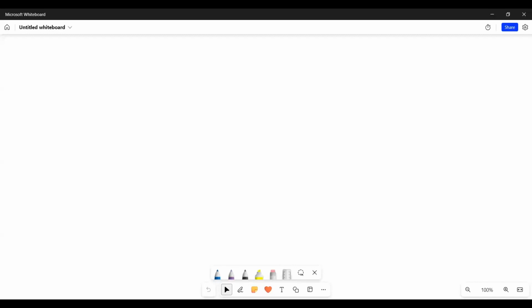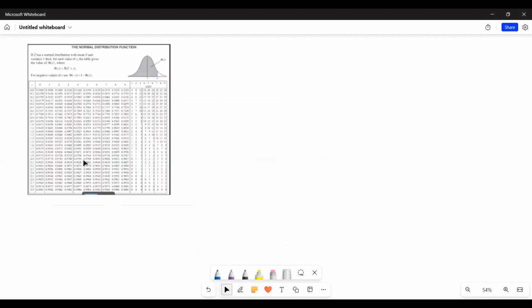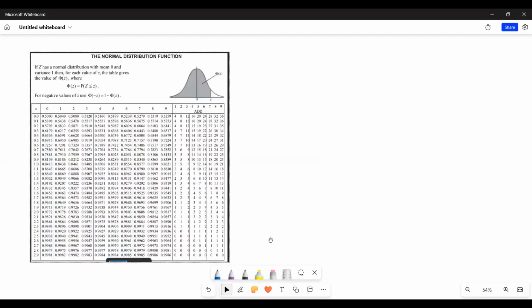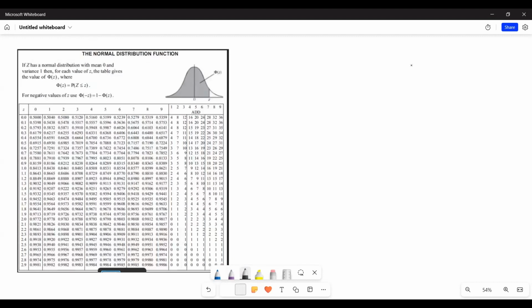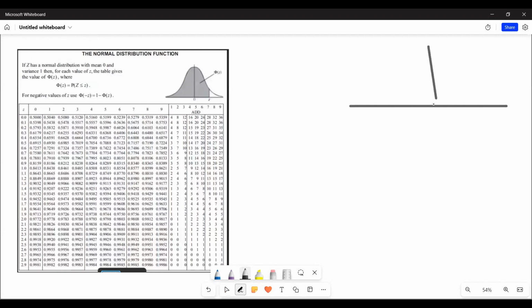Going to continue talking about normal distribution. Here's the table. We've discussed in all the previous lessons that when we're using the table, we know for sure that the table can only be used when the distribution is such that its mean is 0 and the standard deviation is 1.